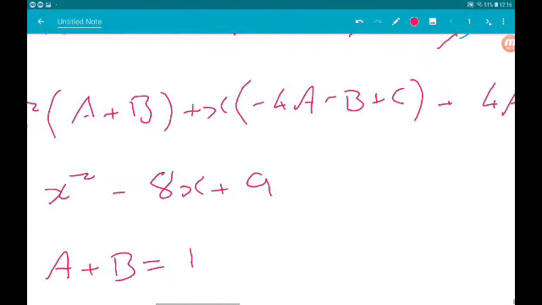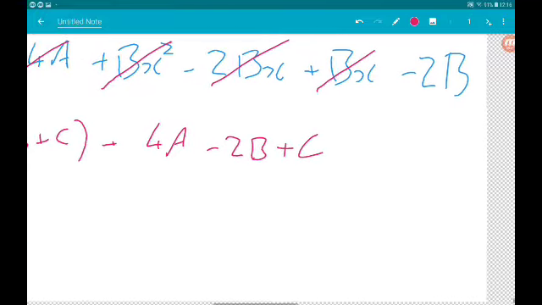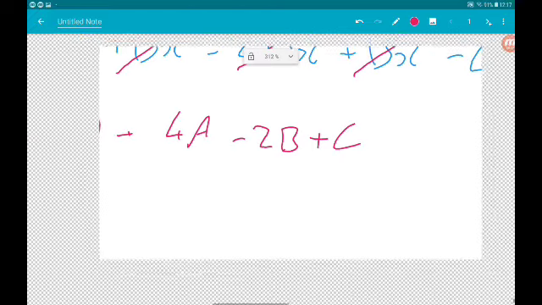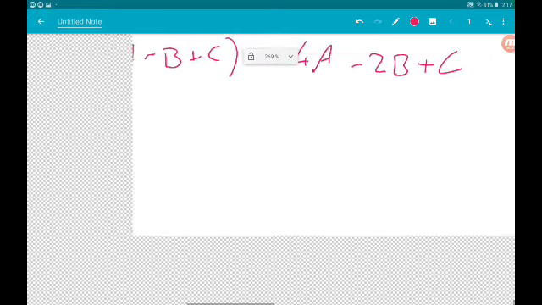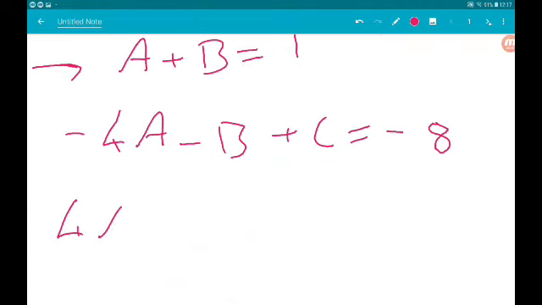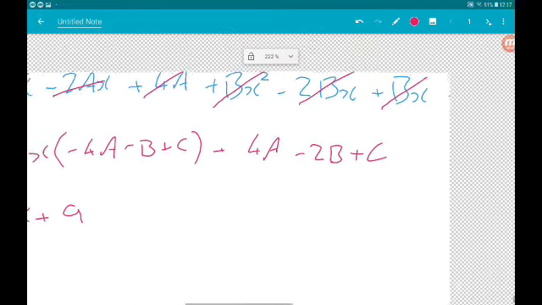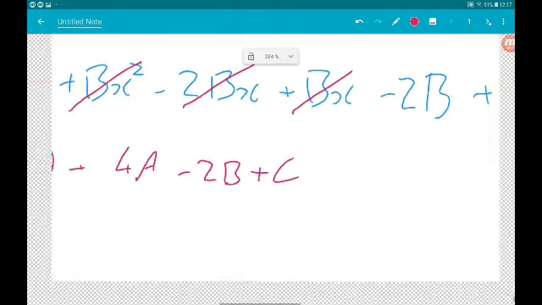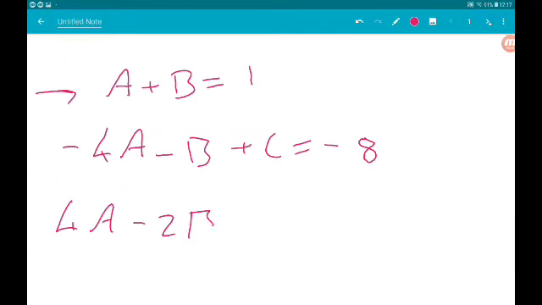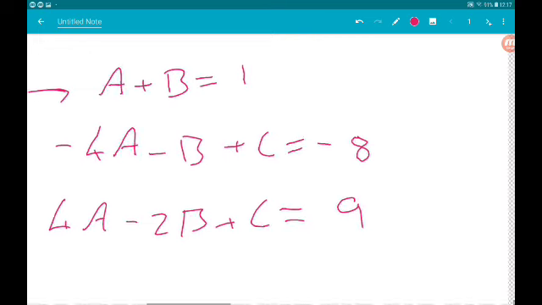And it means our constant term, so that's 4A minus 2B plus C, is equal to 9. Right, now then we can eliminate C from equations 2 and 3.